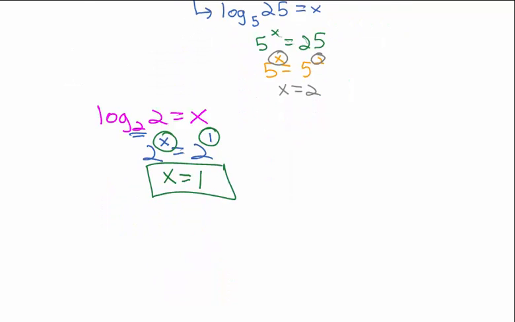We can even do this with some ugly looking things, but the process should still be the same. If we have log base the square root of 3 of 1 over 27, we want to know what that equals. So for now, we'll make it equal to x. Rewrite it as an exponent.